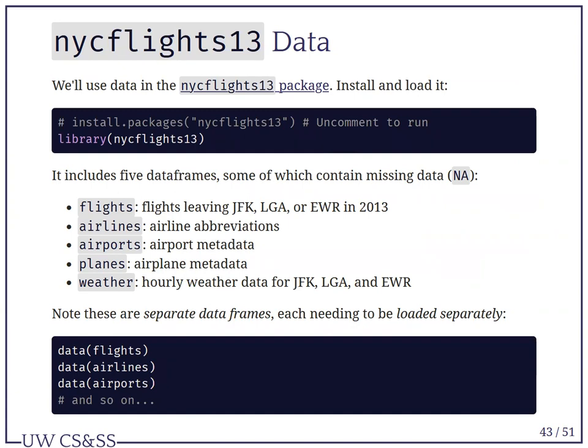The Gapminder data had 1 data frame in it, but now we're going to be working with 5 different data frames, and they can all be joined together in different ways. One of the great things is that it has a bunch of different possible joins you can be doing. Here's a little bit of a description of what happens. It has 5 data frames, some of which contain missing data that'll be coded as an NA.